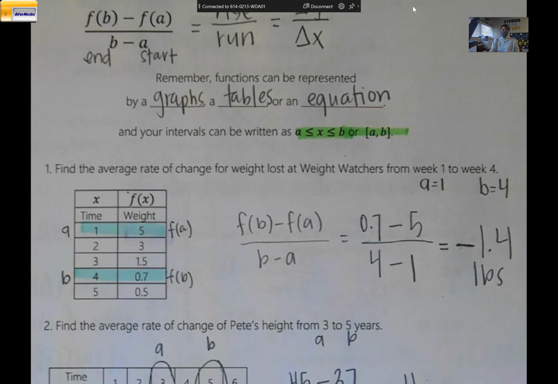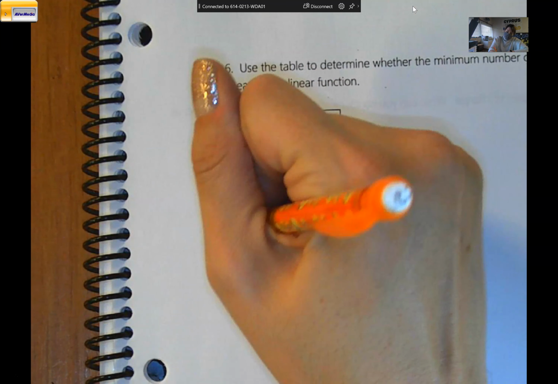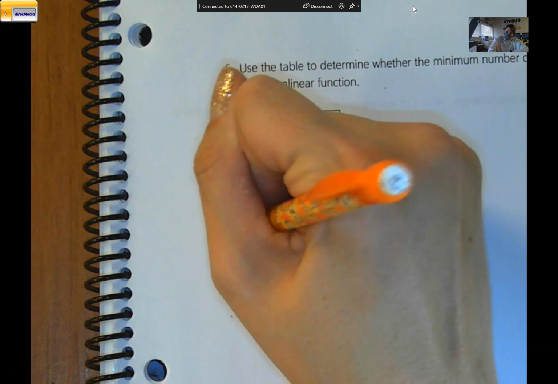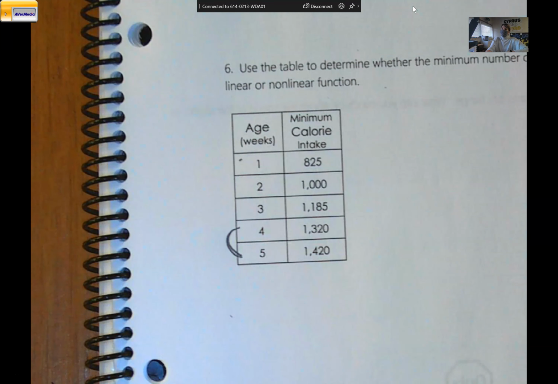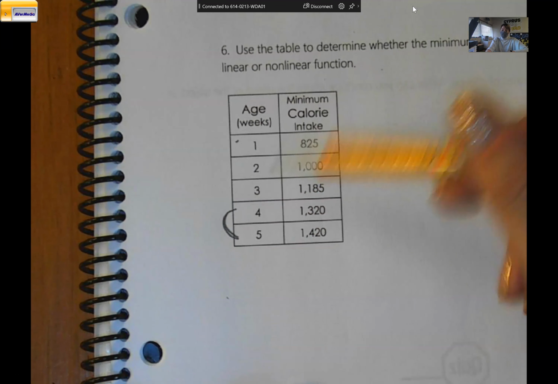Do you want to do one more table? Yes. Okay, just turn your book over. And I want you to find what is the rate of change from week 4 to week 5. So this is a tiger cub.